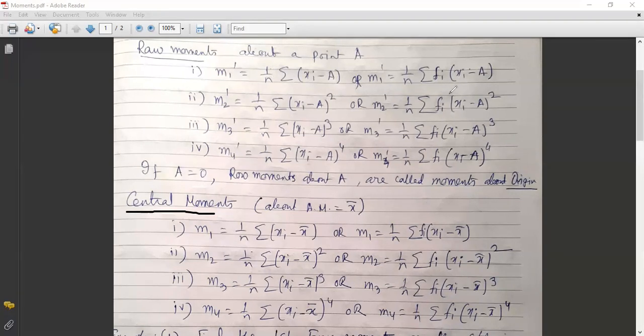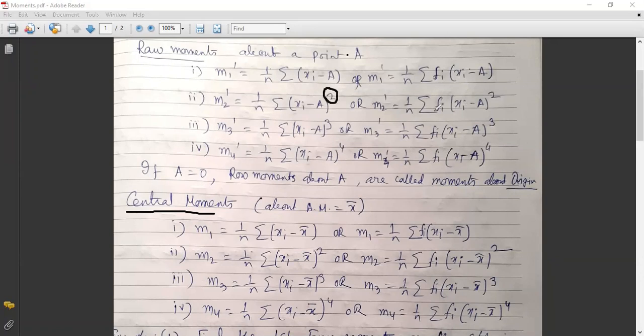Similarly, if there is frequency involved in the example, we use xi minus a. Similarly, m2 dash is the square, the second order, so that is (xi minus a) squared. And similarly, when there is frequency involved, we have to include it.